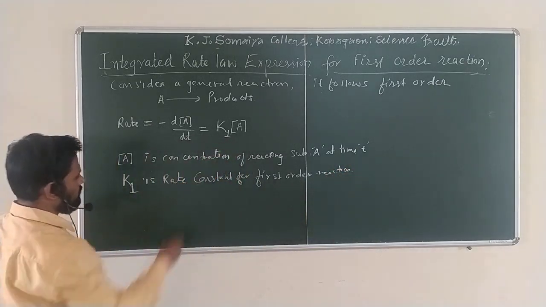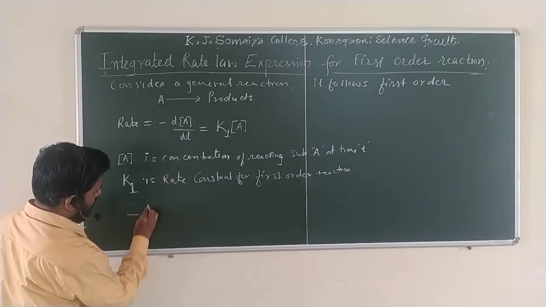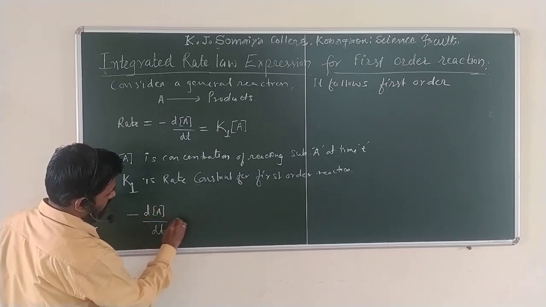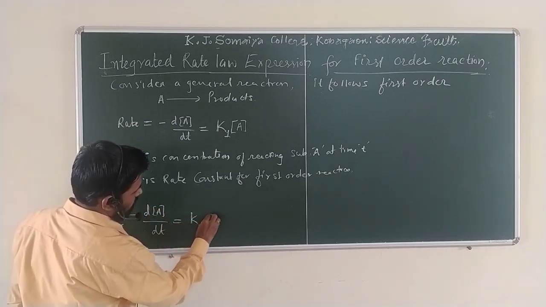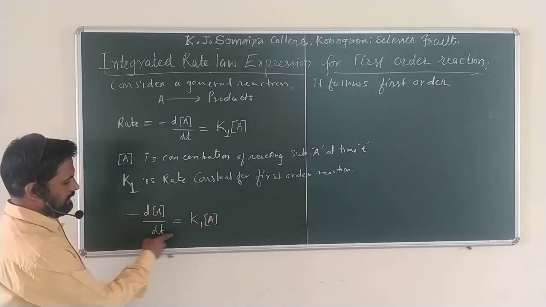Now this is the equation: minus dA upon dt is equal to K1 times the concentration of A. This can be rearranged.